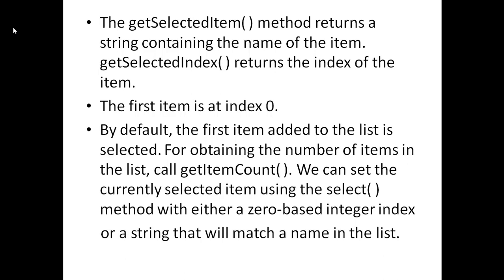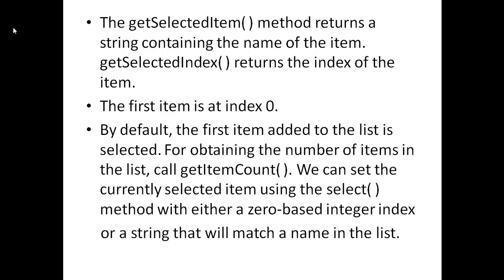For obtaining the number of items in the list, we call the getItemCount method, with G small, I capital, C capital, which returns the number of items in the list.